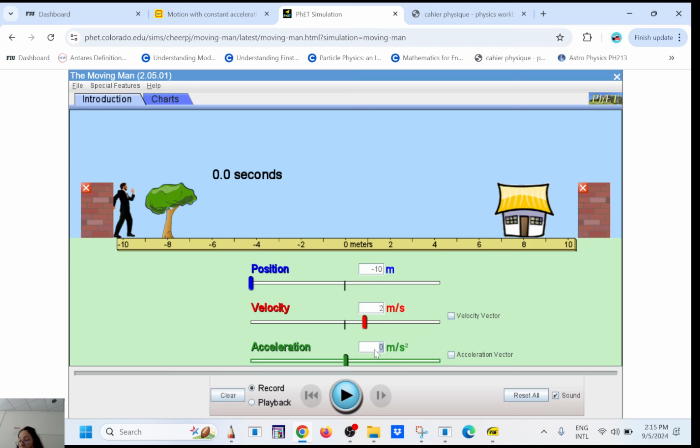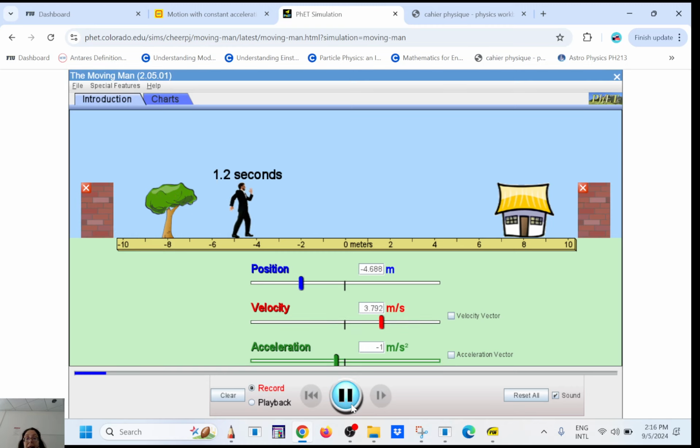Acceleration, I'm going to take, I don't know, -1. So is he moving faster or slowing down? Slowing down. After 3 seconds, how fast is he going? 2. Okay, so he's slowing down.